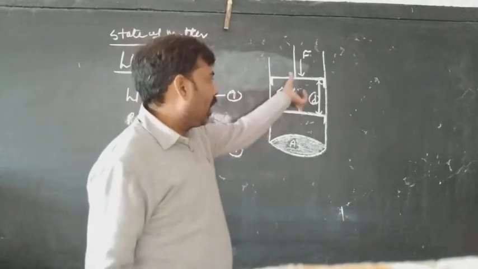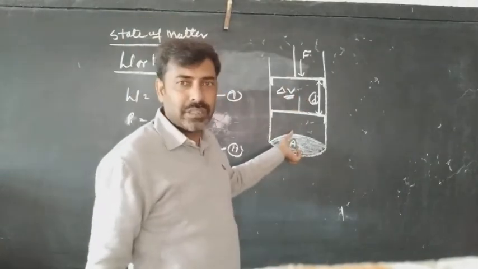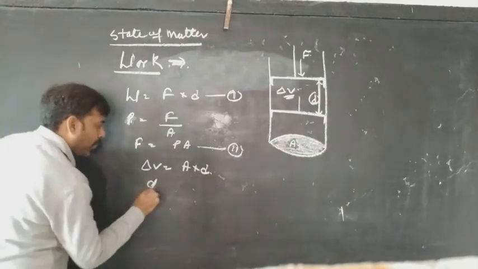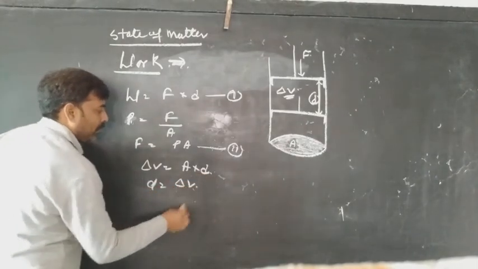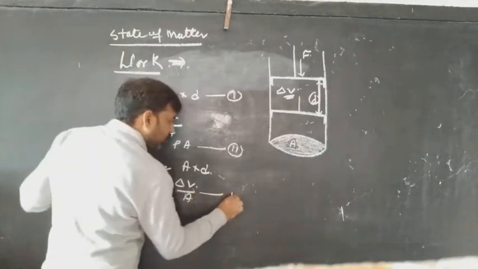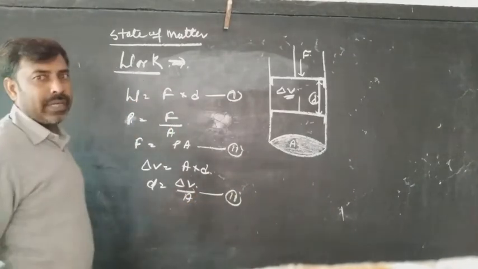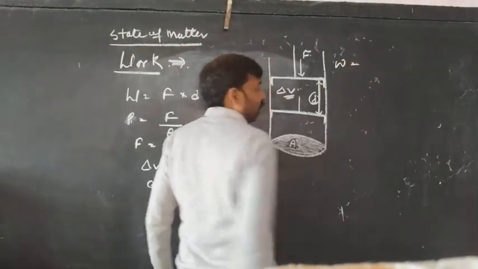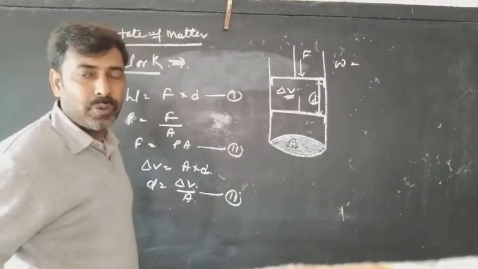So here the height is D and the area of cross section is A. So you can write A into D, or D equal to delta V by A. From these two relations, we can find the work. W equal to F into D.